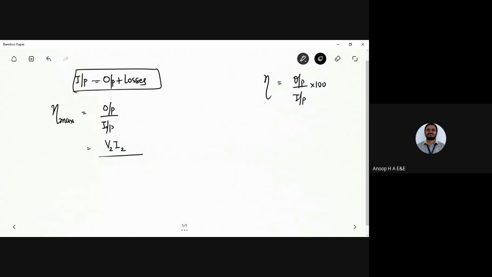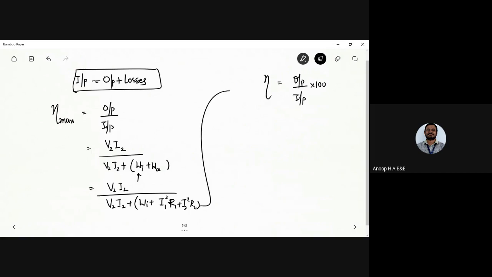Input can be written as output plus losses, that is V2 I2 plus the total losses in the system, that is Wi, the iron losses, plus WCU. So it is V2 I2 divided by V2 I2 plus Wi plus I1 squared R1 plus I2 squared R2.